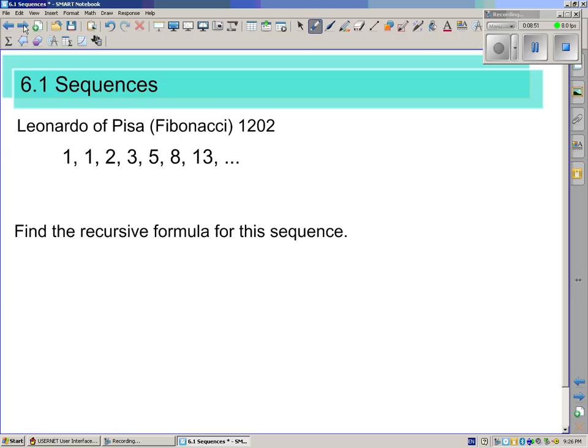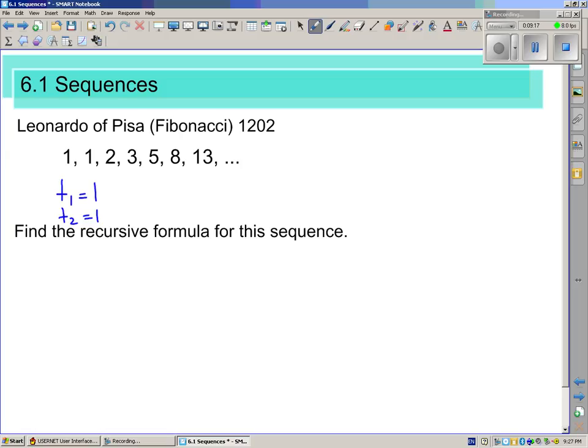Well, there's a recursive formula for this sequence. I don't know if you know this pattern, but let's do this. I'm going to start you with knowing term number 1 is 1, and I'm going to tell you that term number 2 is 1. Let me just take a minute and see if you can write a recursive formula.